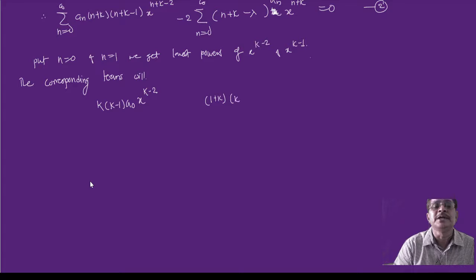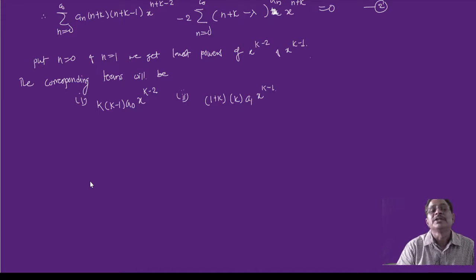This is simply k into a1, x raised to 1 plus k minus 2. That gives me x raised to k minus 1. So the corresponding terms will be, this is the first term and this is the second term.